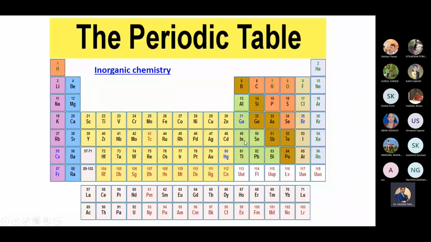There are certain tricks. If you search on Google or even on YouTube how to remember the periodic table, you will find a number of ways. Few sentences and few songs are based on Marathi, English, as well as Hindi languages. For the first group, you should remember all the elements present here.